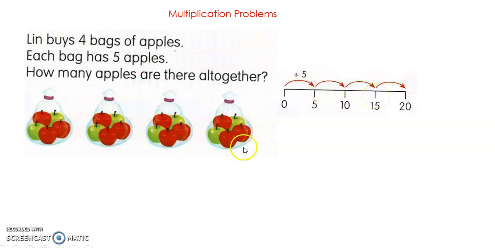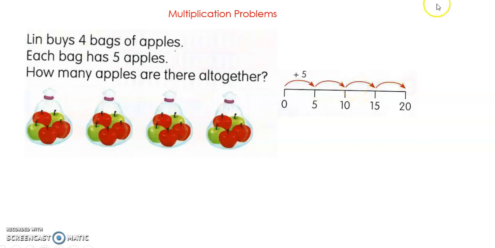Finally, for the fourth group or the fourth bag, I will add 5 apples. So from 15 adding 5, I will get 20. So from 0, then 5, 10, 15, 20, this means I count in 5. Every step I added 5.